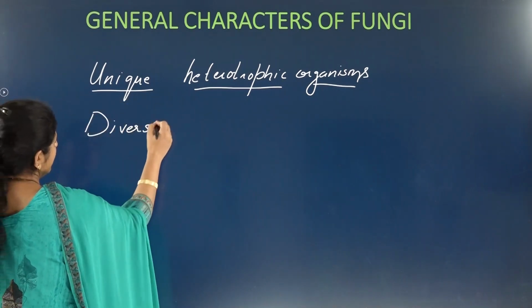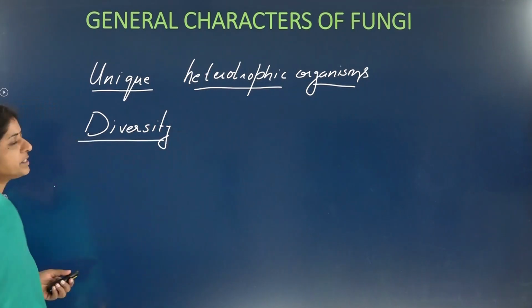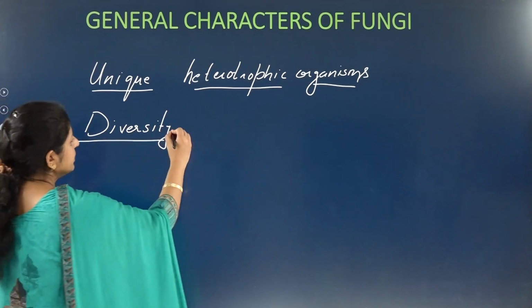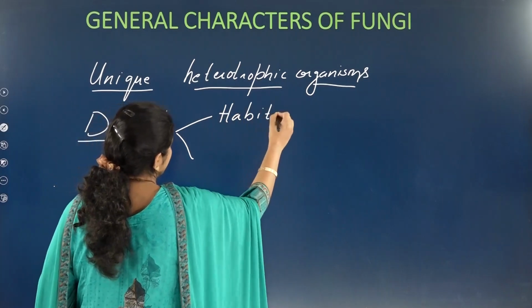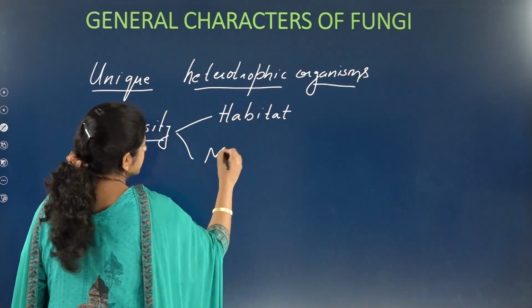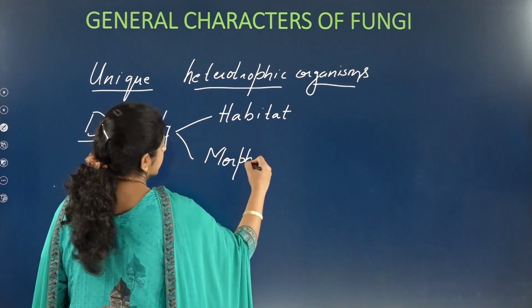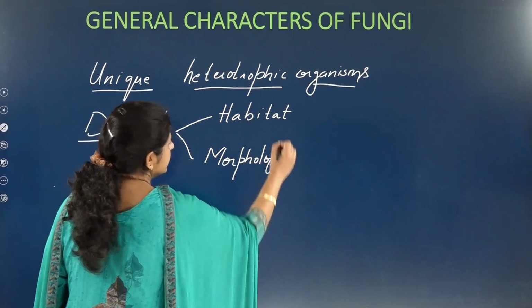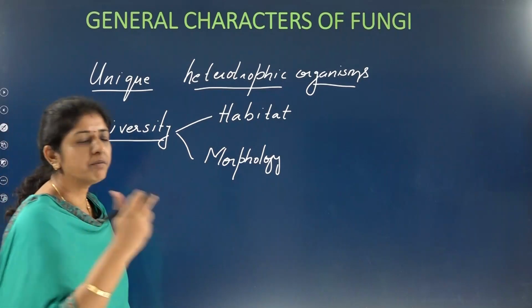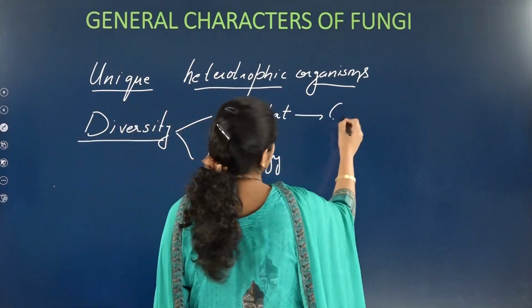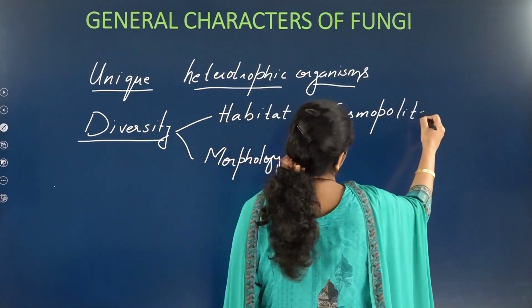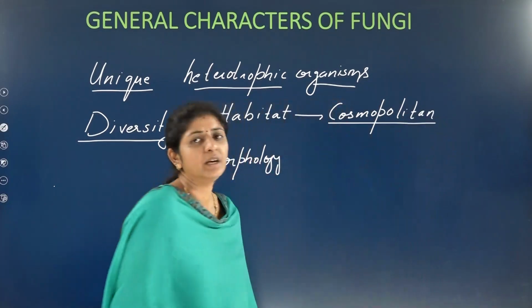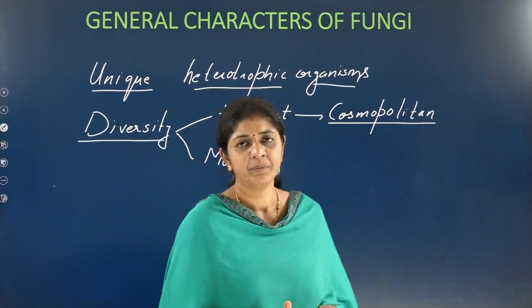This is a very important question in its introduction. It will show diversity in its habitat and even its morphology. If I go with its habitat, the word given in your book is that they are cosmopolitan. Cosmopolitan means it is present everywhere, right?